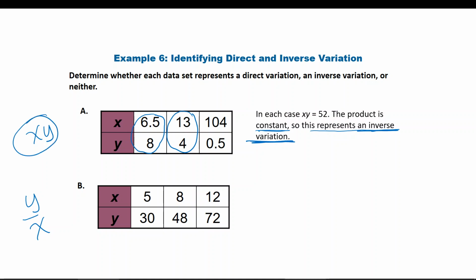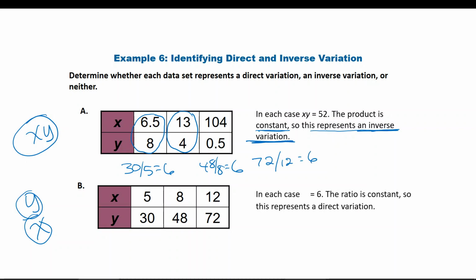Now looking at B, I see y divided by x, so that would be 30 divided by 5 equals 6. 48 divided by 8 is 6, and I know 72 divided by 12 is also equal to 6. So in each case, y divided by x is equal to 6.